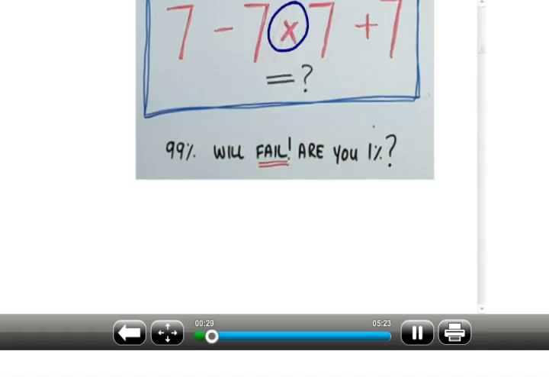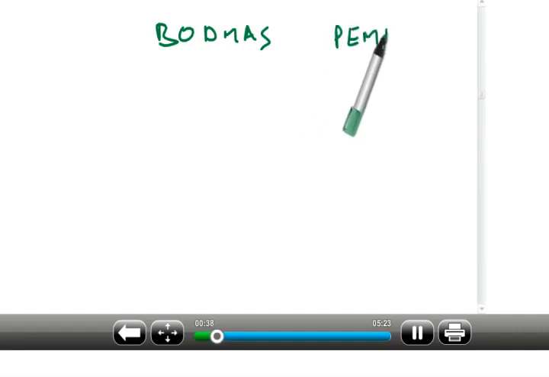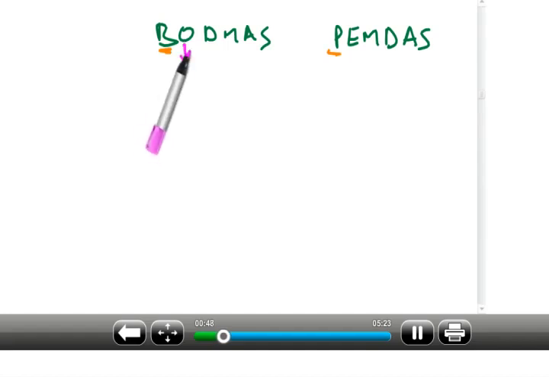Now, the order of operations is normally summarized with the following abbreviation. We call it BODMAS, or sometimes it's called PEMDAS. Both of these refer to the fact that your brackets or parentheses, meaning the same thing, are always first, always have to be done first. But then this word O stands for "of", such as half of 20.